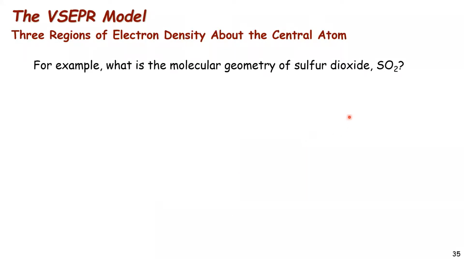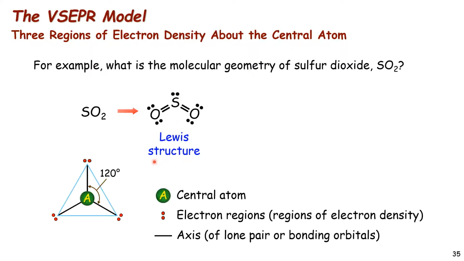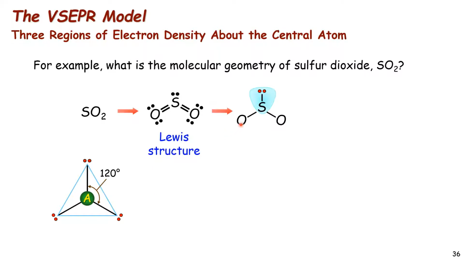So what if we have sulfur dioxide? When we draw the proper Lewis dot structure for sulfur dioxide, it looks like this. We have 1, 2, 3 regions of electron density again. So again, that's going to have a standard electron geometry of trigonal planar. So that's going to look like this, again, with the trigonal planar electron geometry.